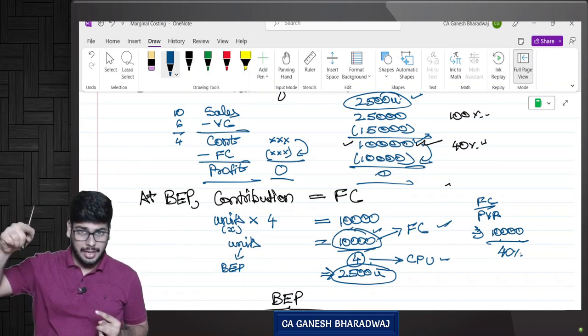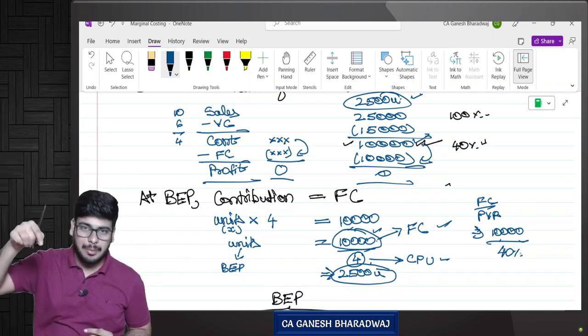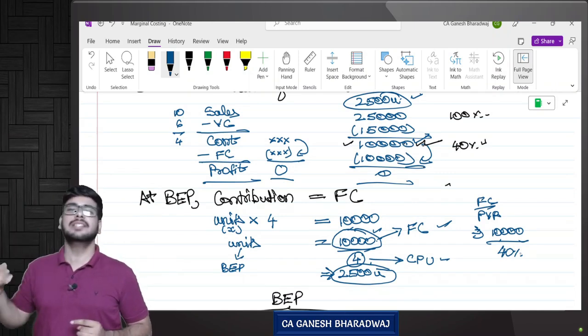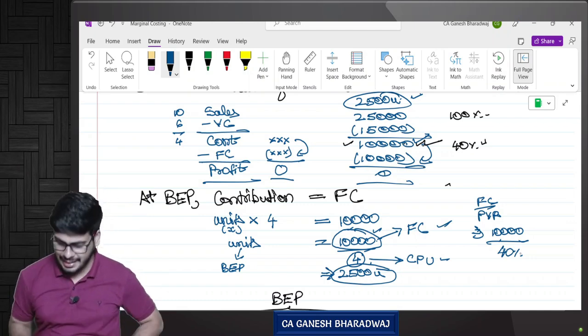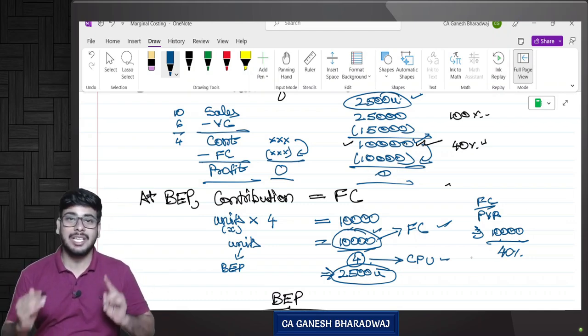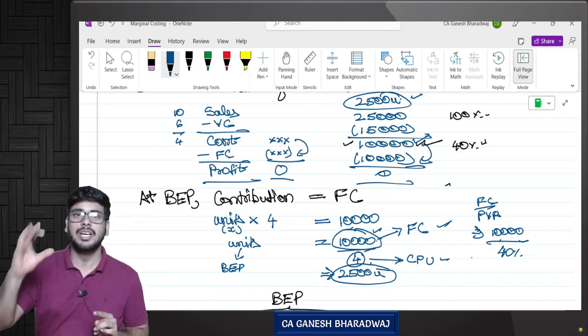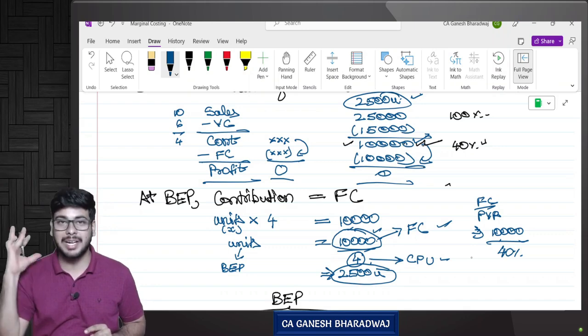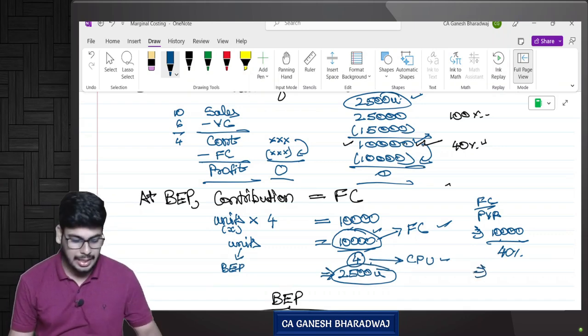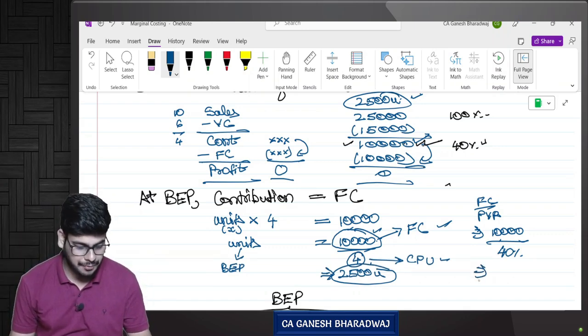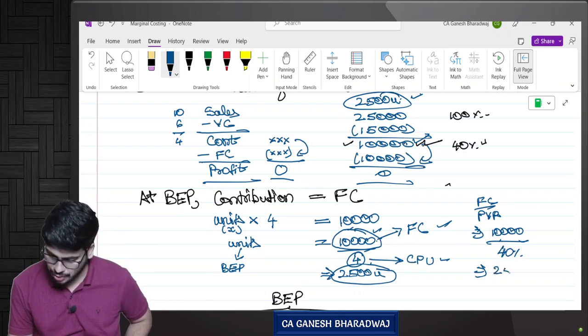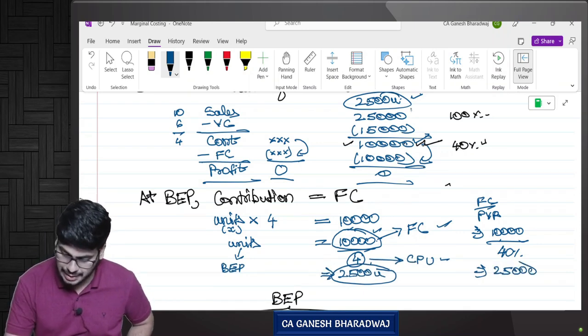Required sale means the sale required to make my contribution equal to fixed cost, and that results in zero profit or loss, correct? So if you want to find out the break-even point directly in rupees, you can just say fixed cost divided by PV ratio. This 10,000 divided by 0.4. How much do you get? You directly get 25,000 rupees in value.